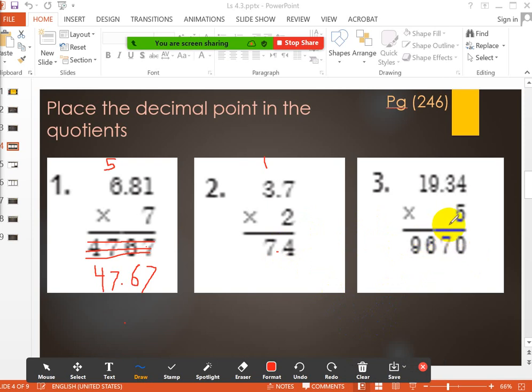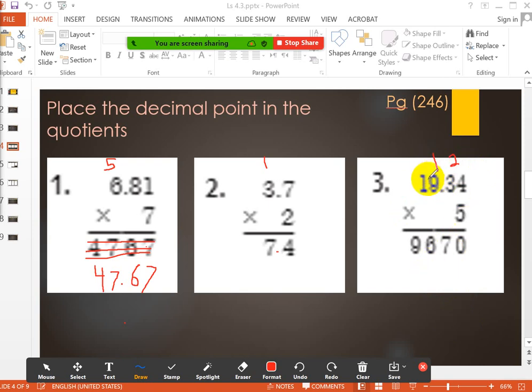How do we multiply like there is no decimal point? 5 multiply 4 equals 20. So I put 0 here and 2 above the 3. 5 multiply 3 equals 15, plus 2 equals 17. So I have to regroup the numbers. 7 here and 1 above the 9.